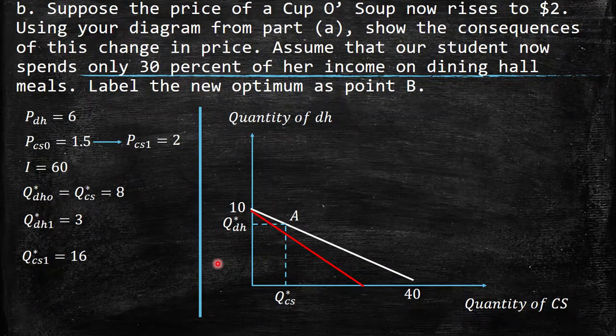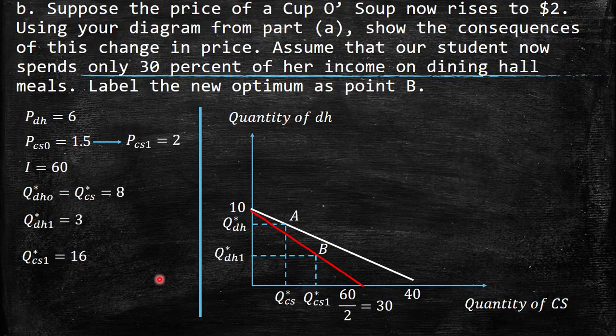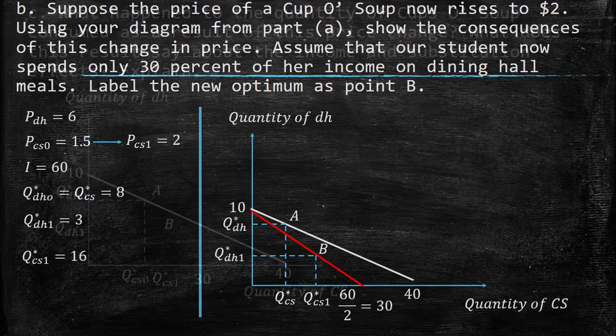Otherwise, as for the soup, because the soup increased the price from 1.5 to 2, now you need to divide all your income 60 not over 1.5 but over 2. Then you can just consume 30 soups instead of 40 due to the increase of the price. Then this is the second situation where the quantity of soups is equal to 21 and the quantity of dining hall is equal to 3.